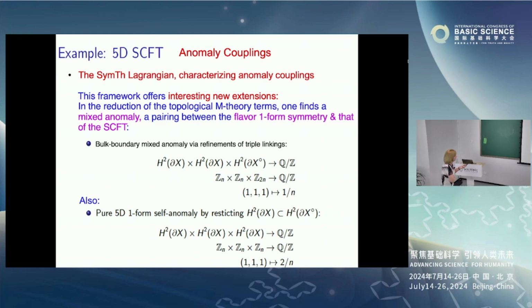And we found a new type of anomaly couplings in this context that are related to mixed anomalies of flavor one-form symmetries and the one-form symmetries in the corresponding conformal field theory.